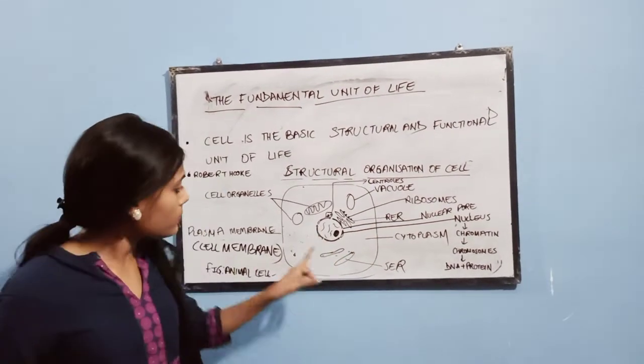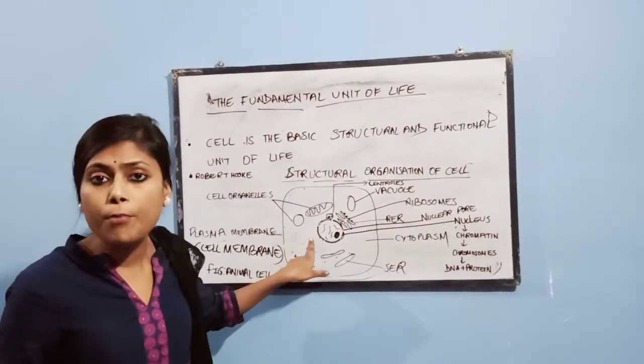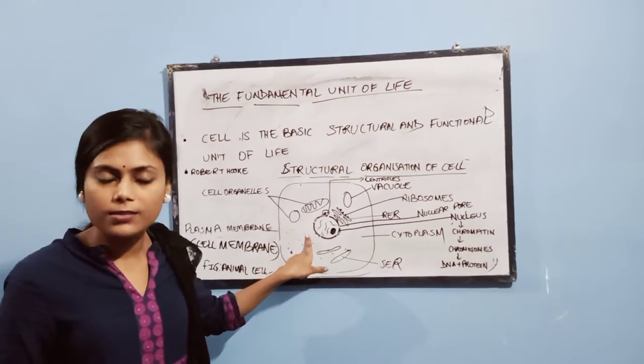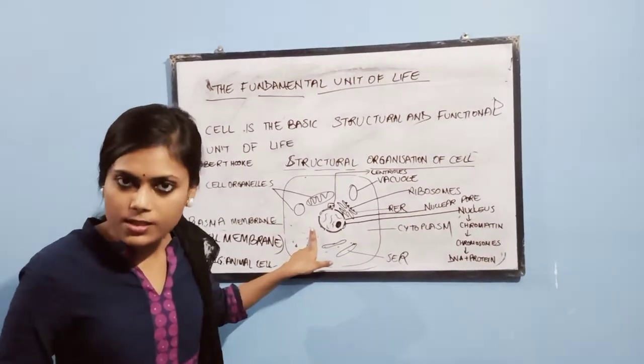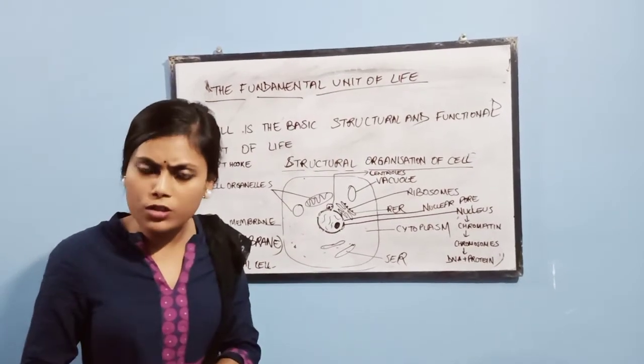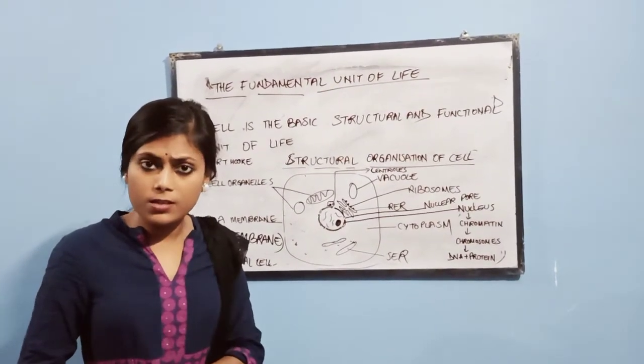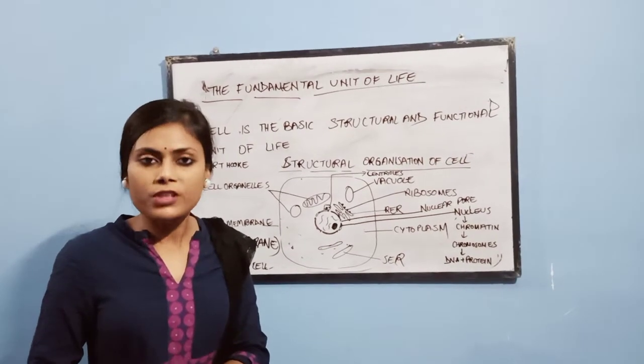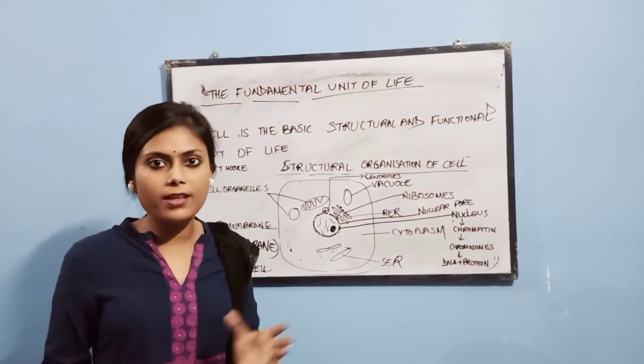Now let us look into the most important structure in the cell, that is the nucleus. Why is the nucleus so important? Do we know that the nucleus is also called the director of the cell? Why?